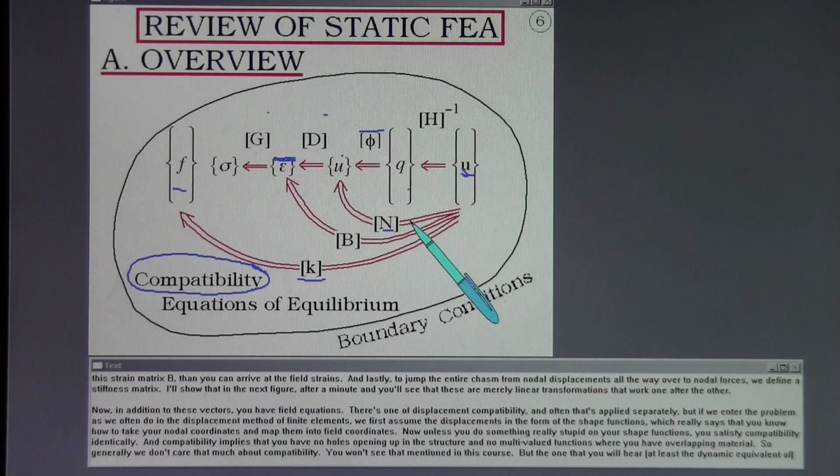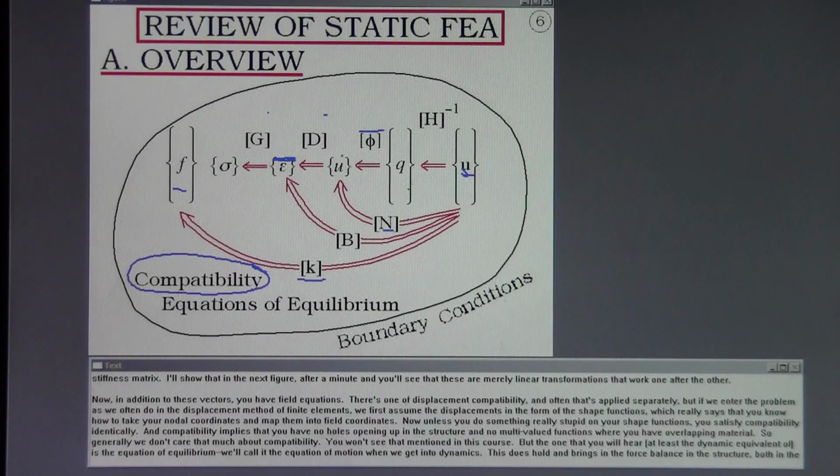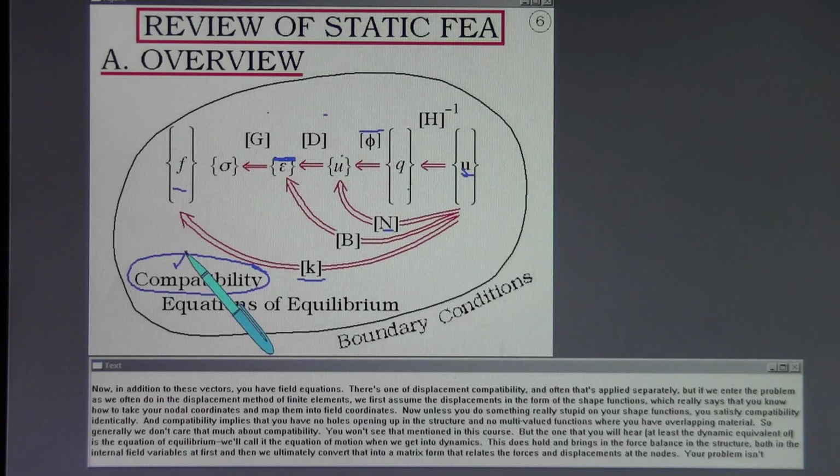Now, unless you do something really stupid on your shape functions, you satisfy compatibility identically. And compatibility implies that you have no holes opening up in the structure and no multi-valued functions where you have overlapping material. So generally, we don't care that much about compatibility, and you won't see that mentioned in this course.